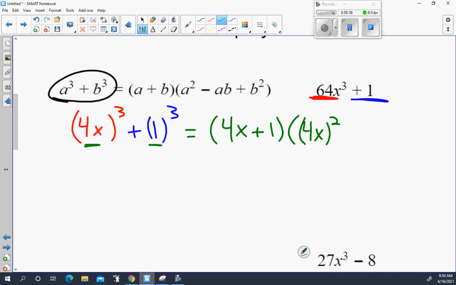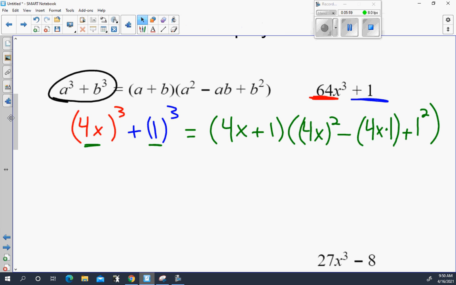Put that in parentheses, squared. Minus A times B, so that's 4x times 1. And then plus B squared, so plus 1 squared.